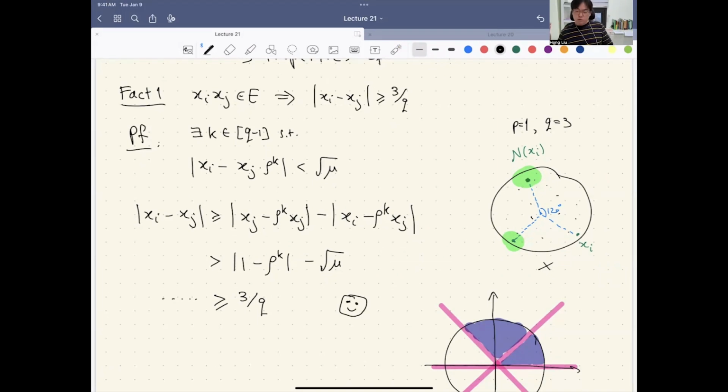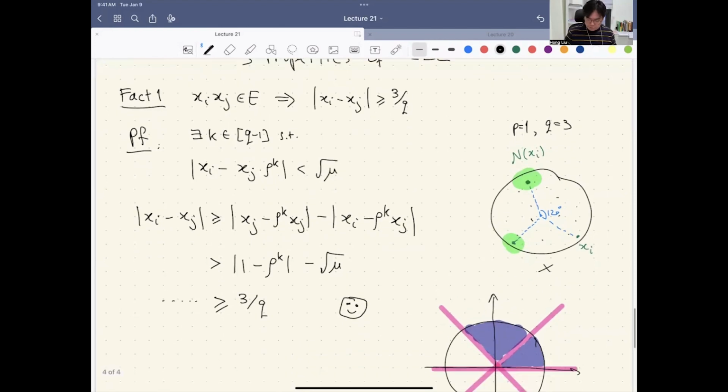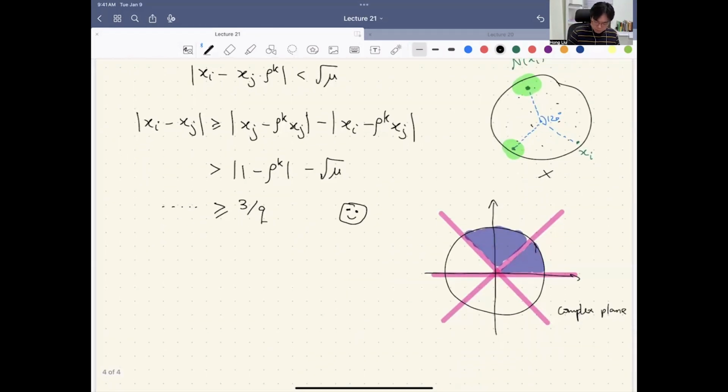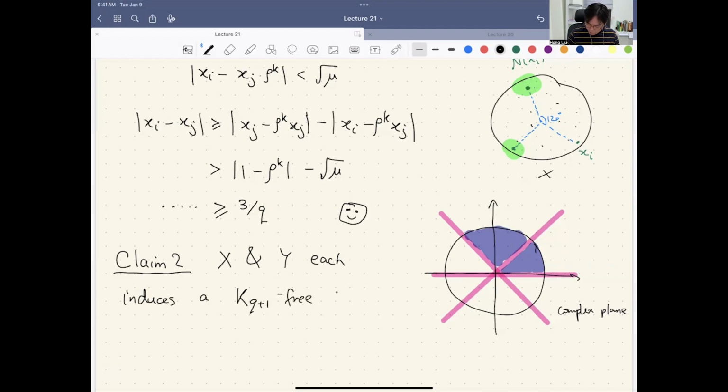Now let's use this to prove that X and Y each induce a K_{q+1}-free graph. Claim 2: X and Y each induce a K_{q+1}-free graph.